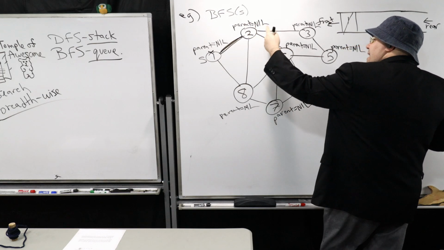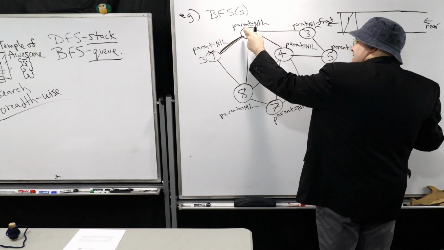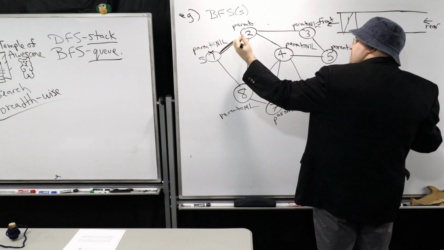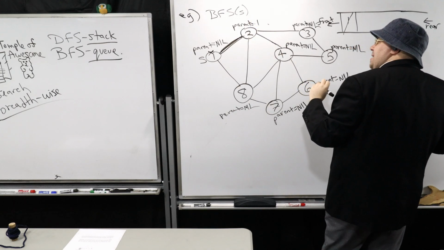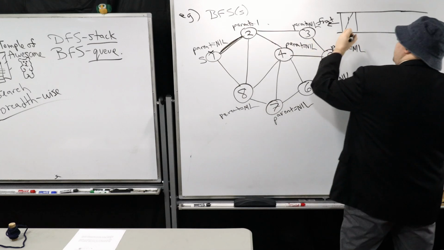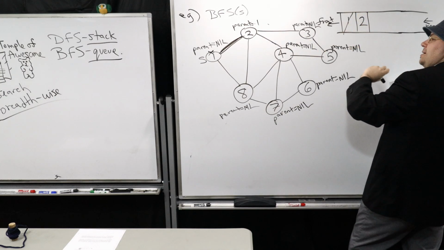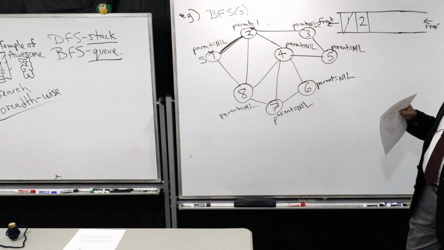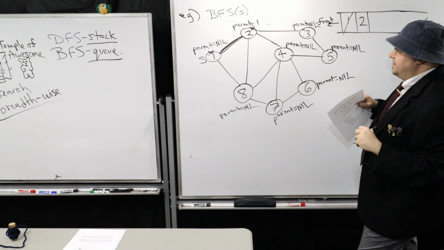Now, notice that I've observed that this is adjacent to this vertex. I'm going to update its parent to be vertex 1, and I'm going to place 2 into the queue.